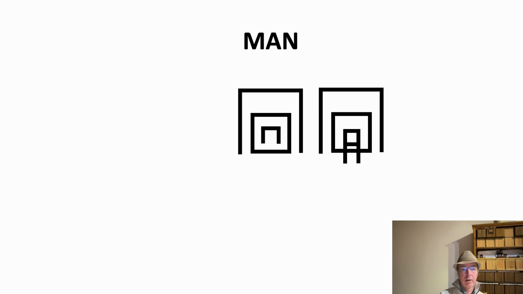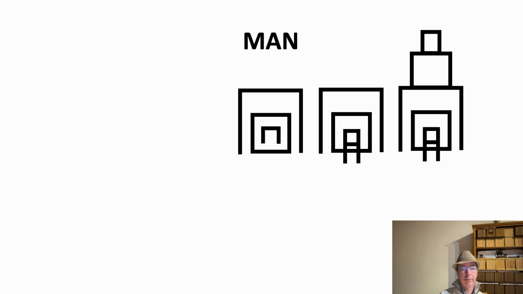Man more or less can be expressed like this, exactly as it is pronounced, man, as man. Man is expressed like this. So it can be with an extension like this as well, and with more extensions like this, and I will explain that in a minute.